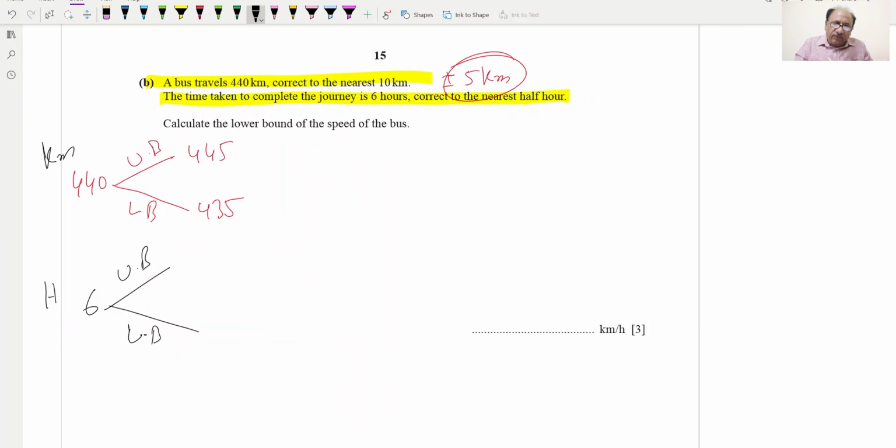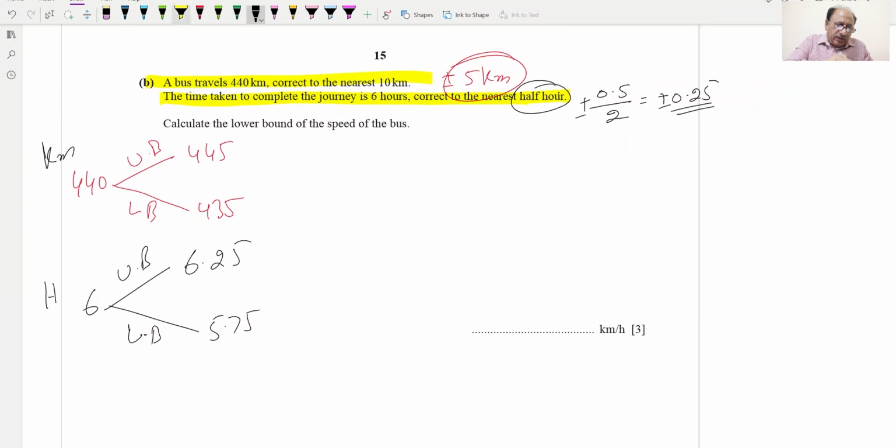Half hour, the nearest half is 0.5 divided by 2, so it will be plus or minus 0.25. This is what we'll be adding and subtracting, so 6.25 and 5.75.